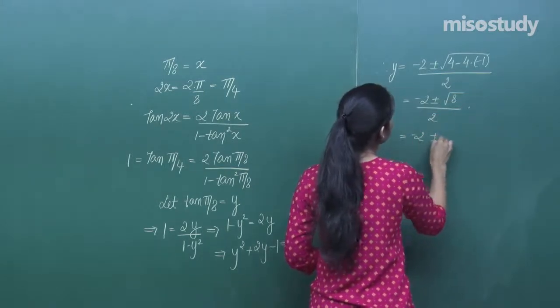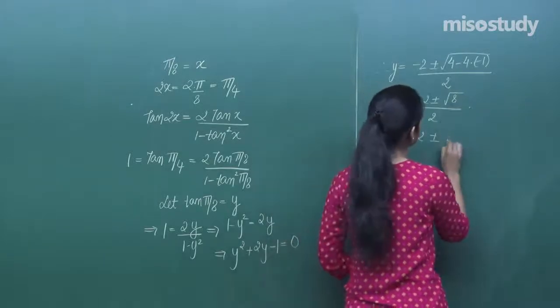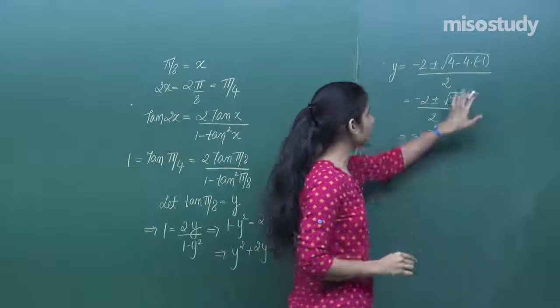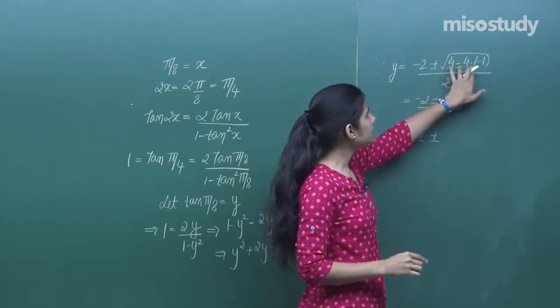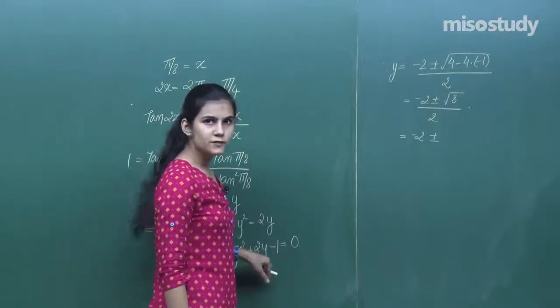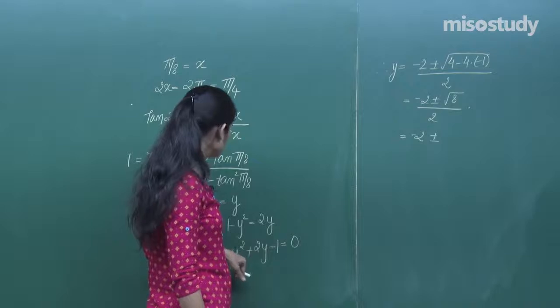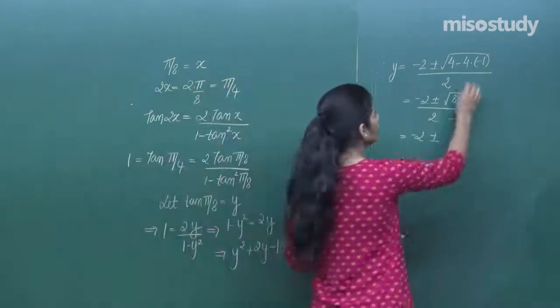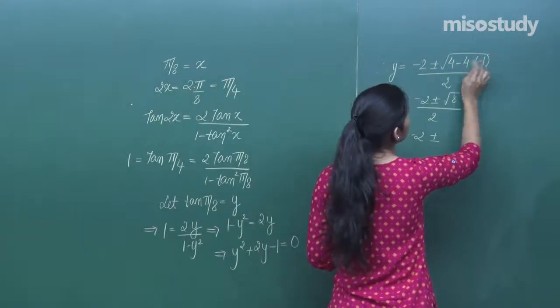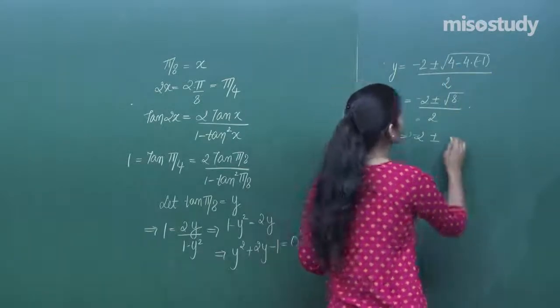What happens over here? Root 8. If I talk about root 8, what is this? B square is 4, minus 4 into 1 into minus 1. So 4 into 1 into minus 1 is minus 4. 4 plus 4 gives you 8. 8 you know is 2 root 2.